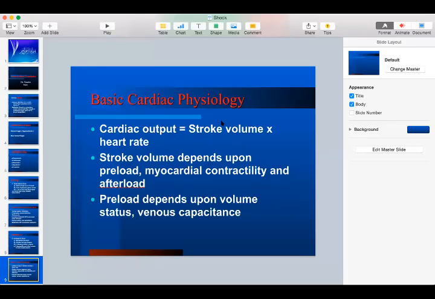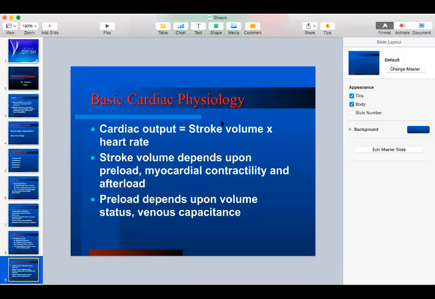Now, in looking at the physiology of cardiogenic shock, there are certain essential things you need to know about normal cardiac physiology. The cardiac output, basically the amount of blood that the heart is pumping out, is always equal to the stroke volume times the heart rate. Stroke volume depends upon the preload, the amount of blood that is pulled into the heart, the myocardial contractility, the contractions of the heart, and the afterload, the blood that is pumped out of the heart towards the systemic circulation.